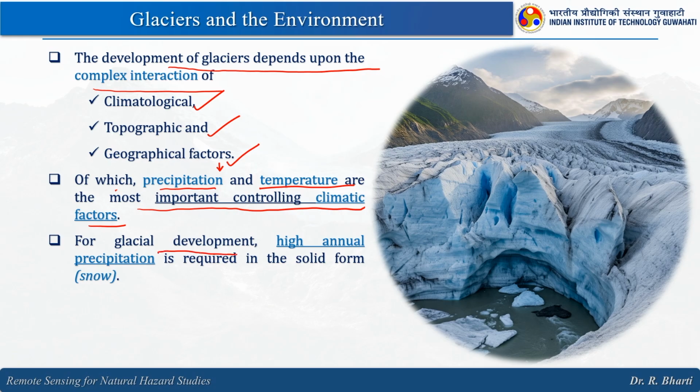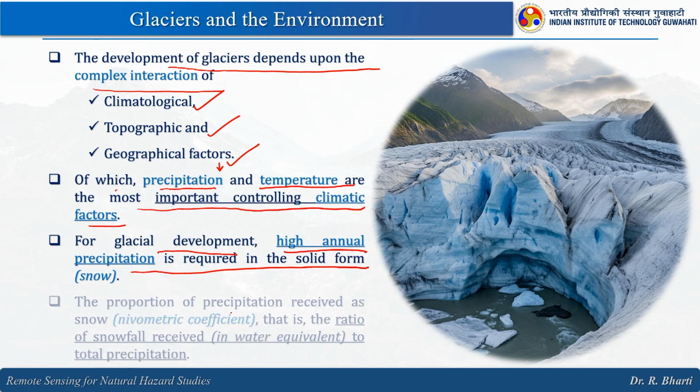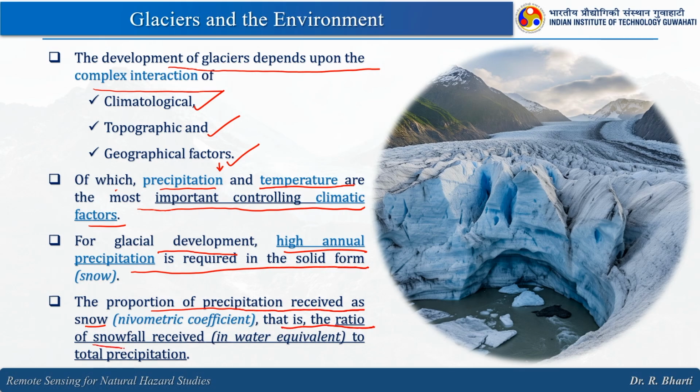For glacier development, high annual precipitation is required in the solid form, that is snow. The proportion of precipitation received as snow is the ratio of snowfall received in water equivalent to total precipitation. Basically we measure the snowfall in water equivalent.